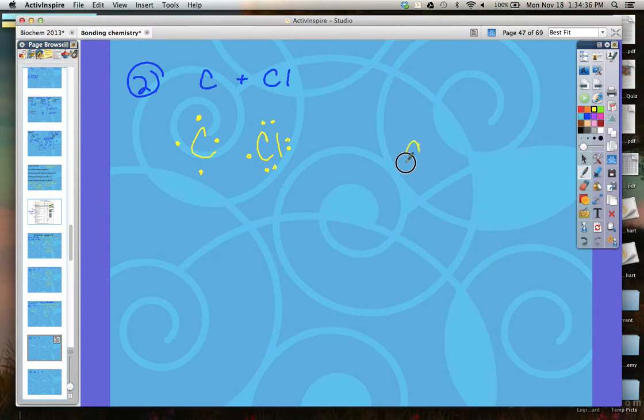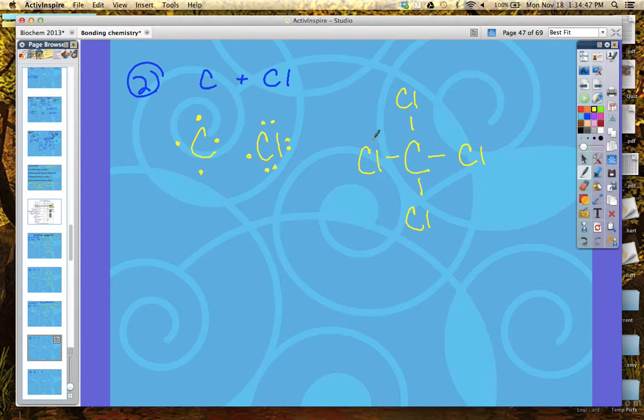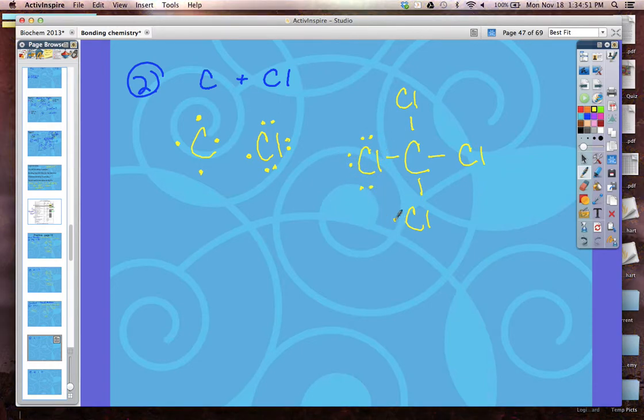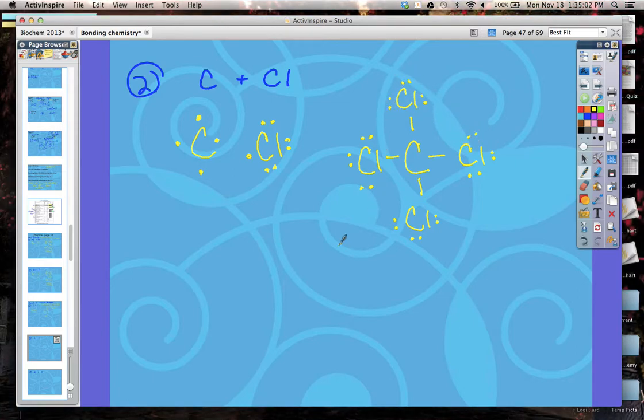So I'm going to put my carbon in the middle, and it is going to share its 4 electrons with chlorine. Each chlorine is going to share an electron, which leaves the other 3 pairs out here unshared. So my ratio for this is a 1:4 ratio because I need 1 carbon for every 4 chlorines. So it's CCl4.